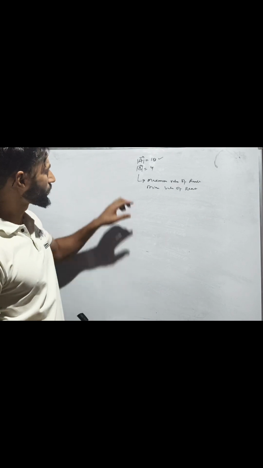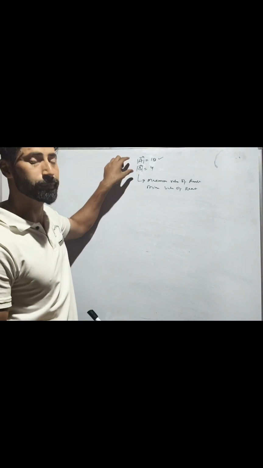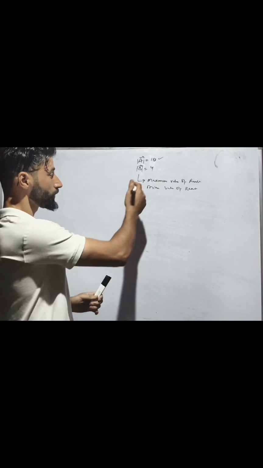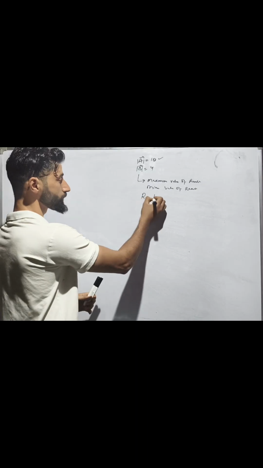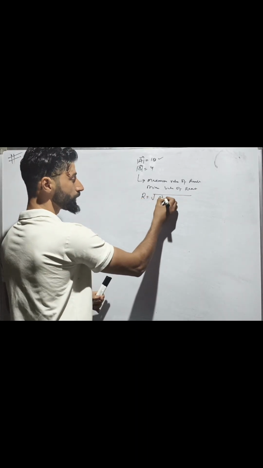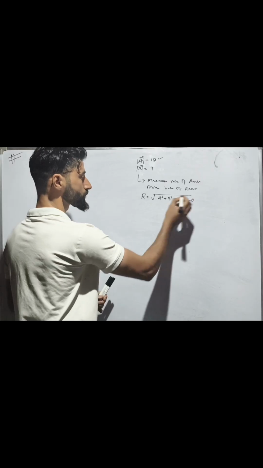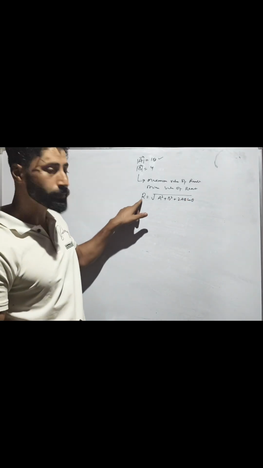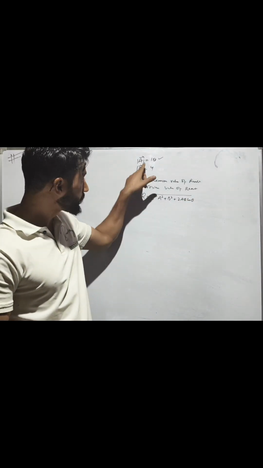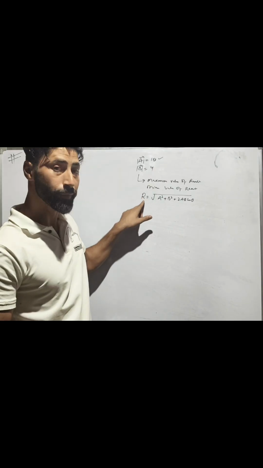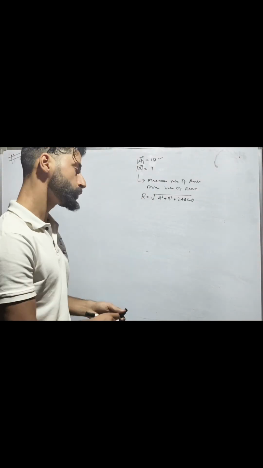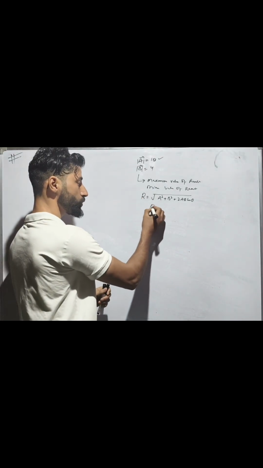Since we know that the resultant of these two vectors depends on the angle, we have already discussed that R is equal to under root of a square plus b square plus 2ab cos theta. For a given a and b, this resultant will be maximum when cos theta is maximum.